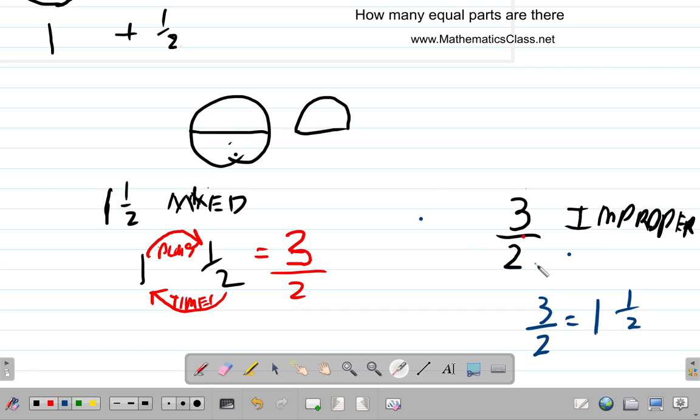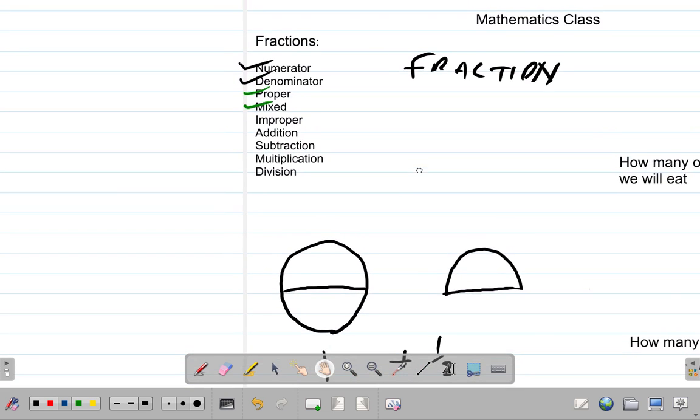So that is the relationship between the mixed and the improper fraction. Here we have it: mixed fraction and improper fraction.